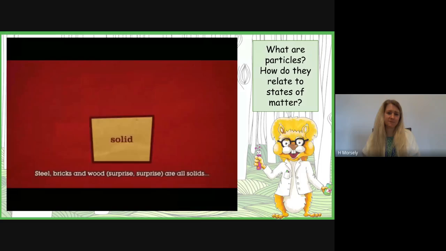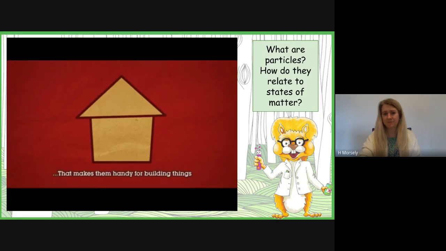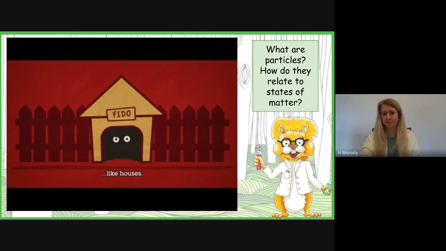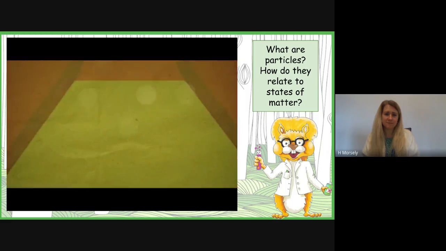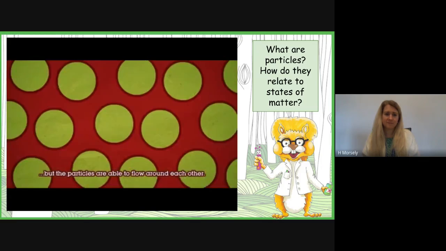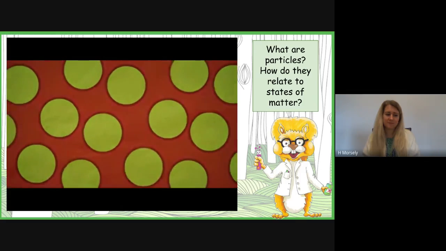Steel, bricks, and wood, surprise, surprise, are all solids. That makes them handy for building things you don't want to fall down, like houses. Now, what about liquids? Like solids, their bonds are tough enough to hold them together, but the particles are able to flow around each other.